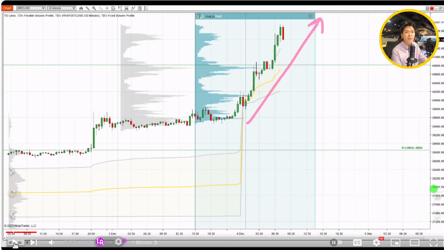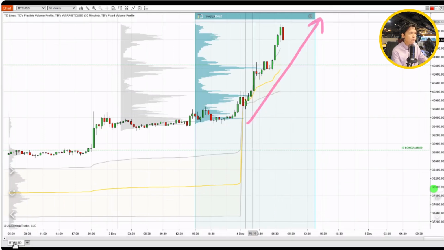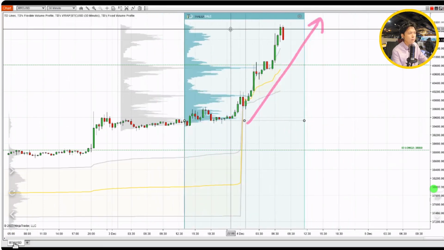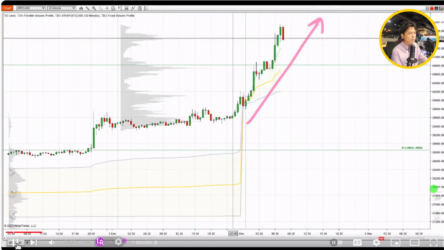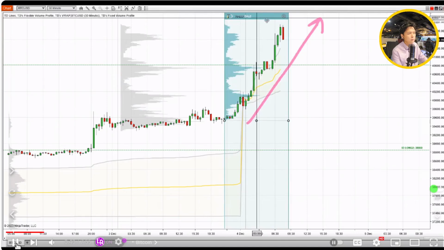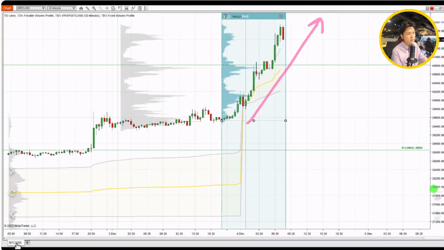I'm kind of surprised that he chose Bitcoin to analyze using this volume profile indicator. But let's see. What I do when there's a trend like this, I use a flexible volume profile, this tool, and I look into the trend area and look for significant volume clusters. Those are the volume clusters.